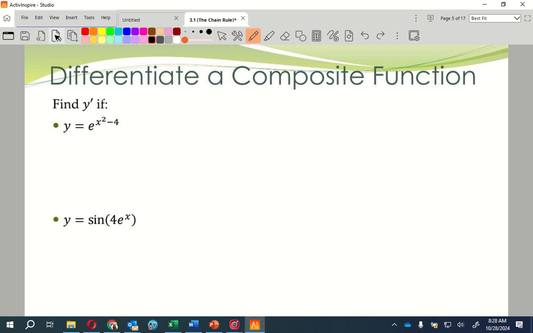All right, differentiate a composite function. Ooh, this is crazy now, isn't it? What is my u? X squared minus 4. So we're saying u is x squared minus 4.